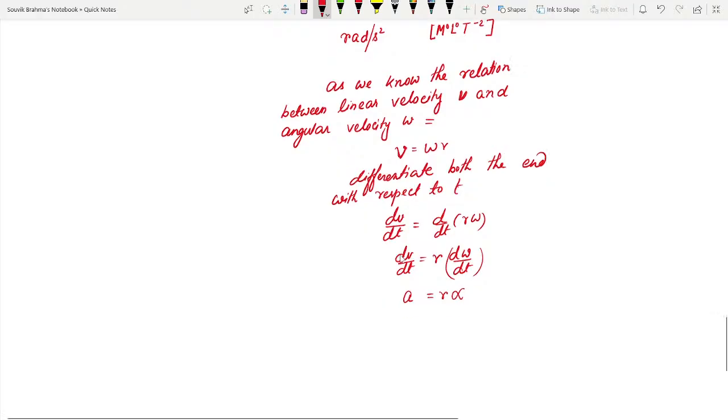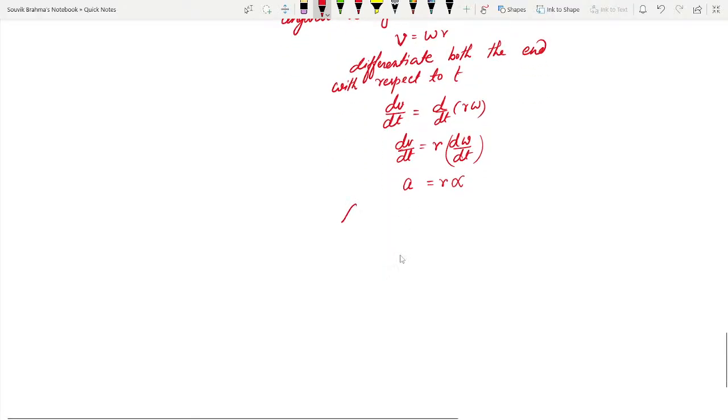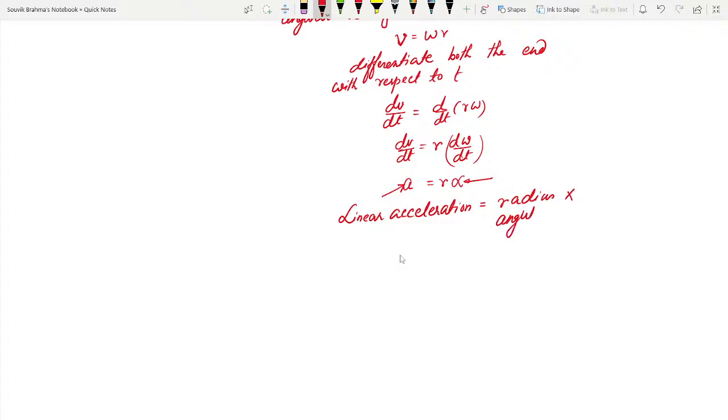Okay, so this a is the linear acceleration, and this alpha is the angular acceleration. So linear acceleration is equal to radius into angular acceleration.